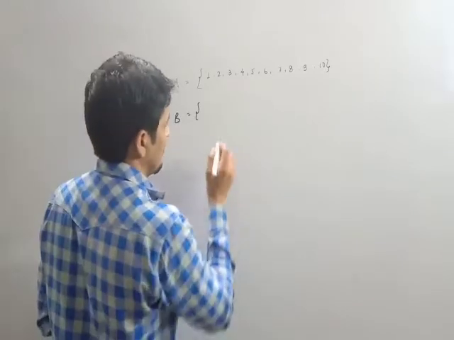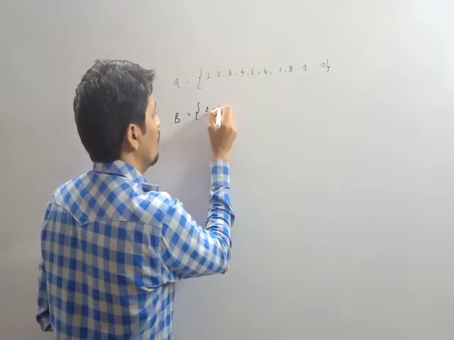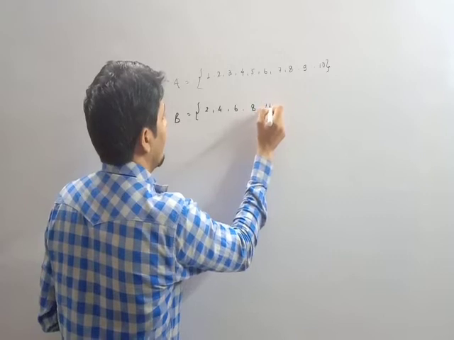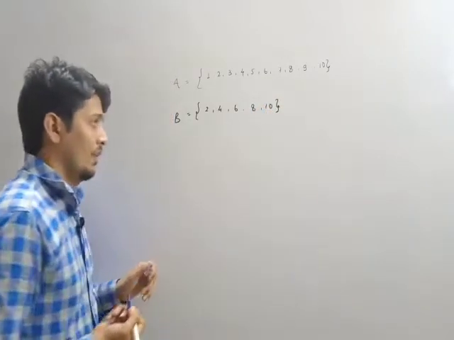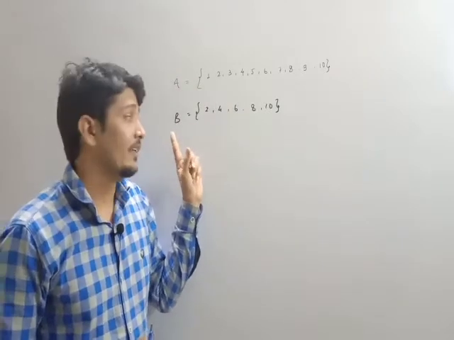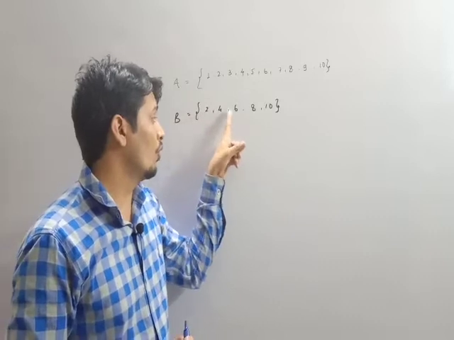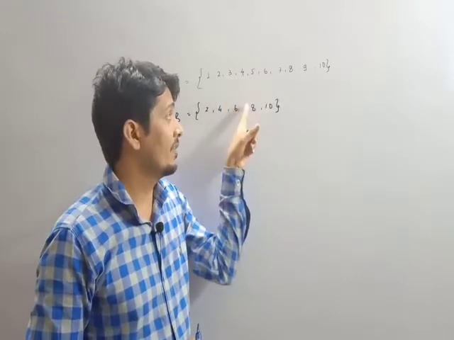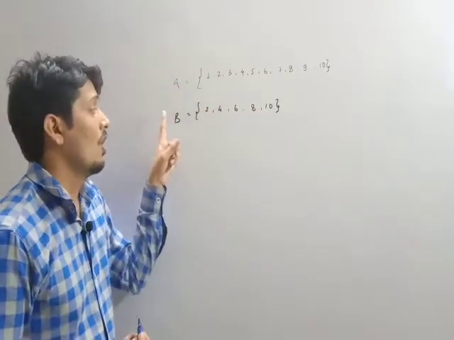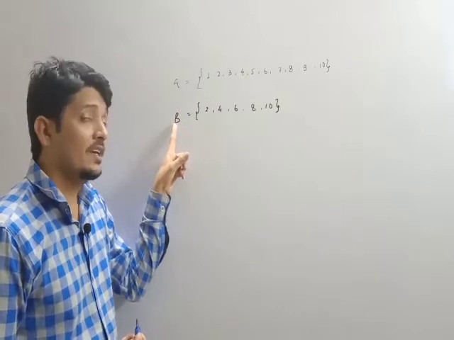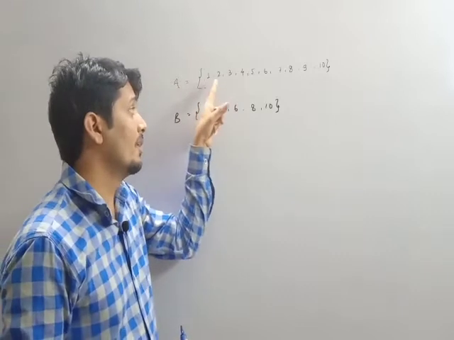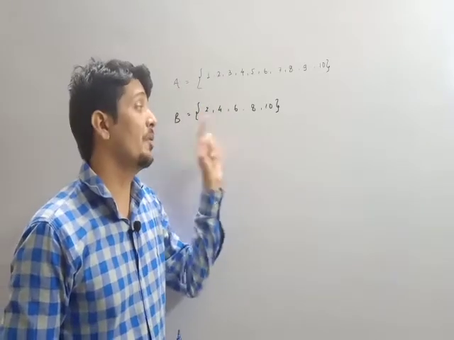So even numbers will be 2, 4, 6, 8 and 10. If we compare set A and set B, then we will get 2, 4, 6, 8 and 10 present in both the sets. But we can say all the members of set B are present in set A, and all the members of set A are not present in set B.